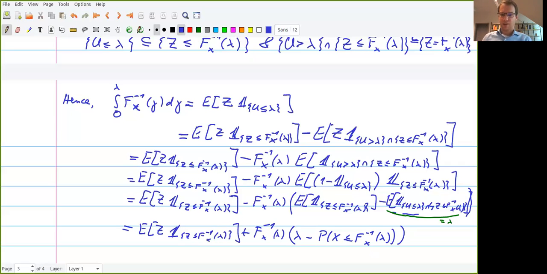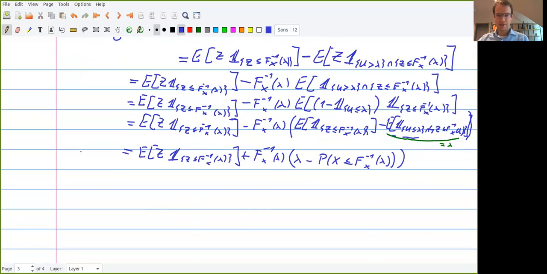Okay. It looks like a long calculation, but they're really tiny reformulations line to line, just to familiarize ourselves with the inverse quantile functions. So now we divide both sides by minus lambda.